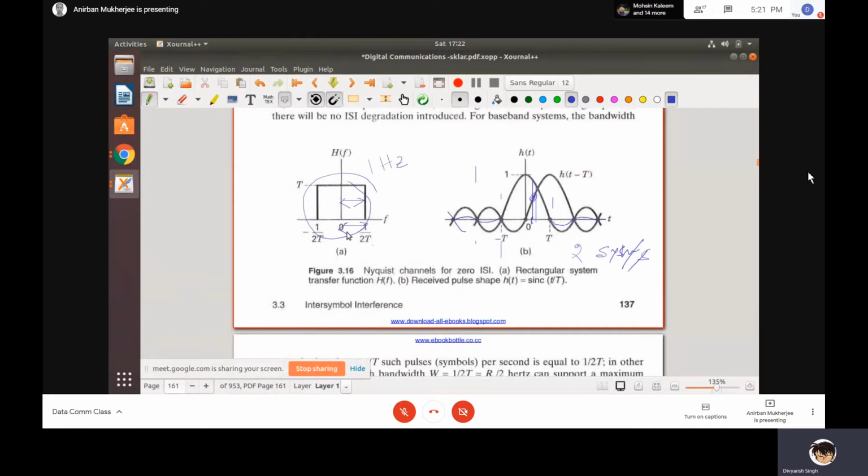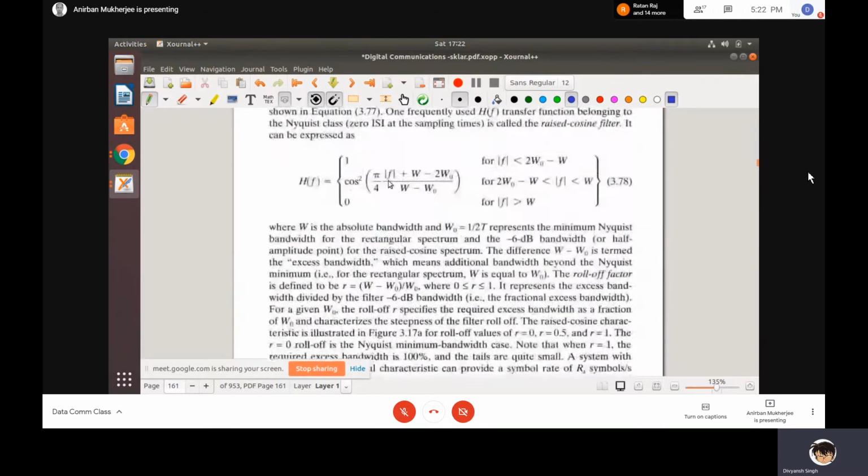In order to do that, we have removed the restriction on the bandwidth. Rather, we have increased the bandwidth, and that brings us to the raised cosine filter.